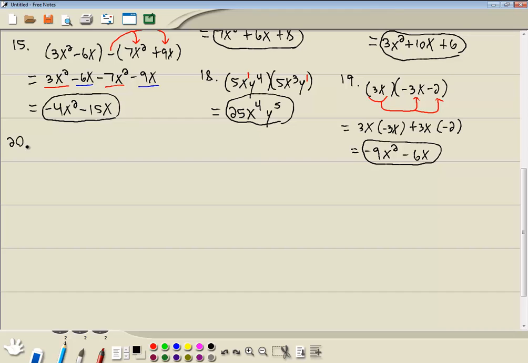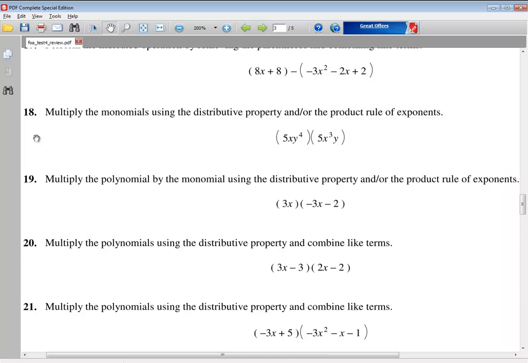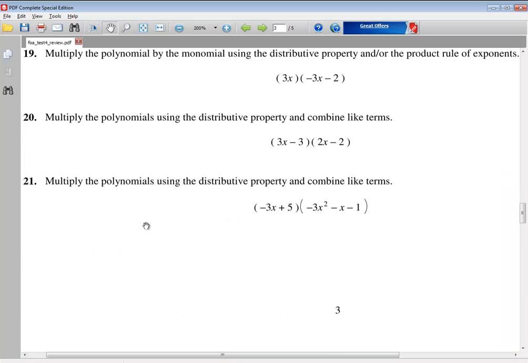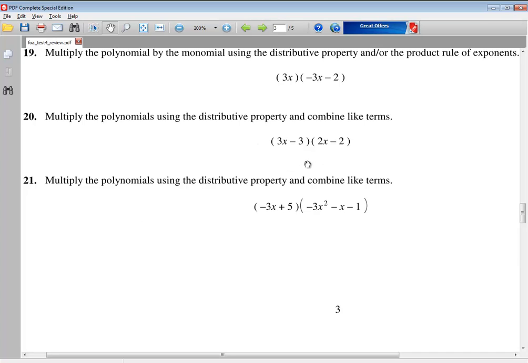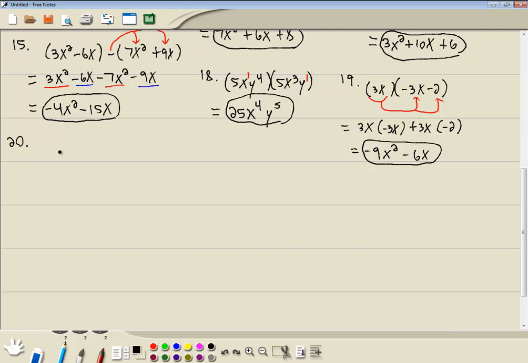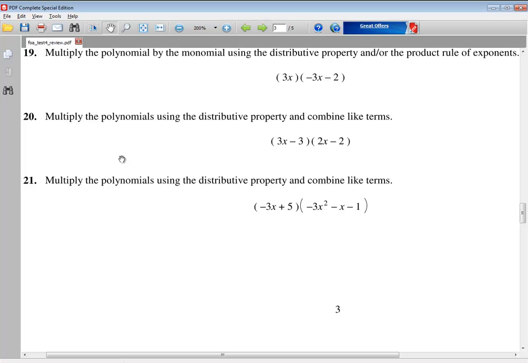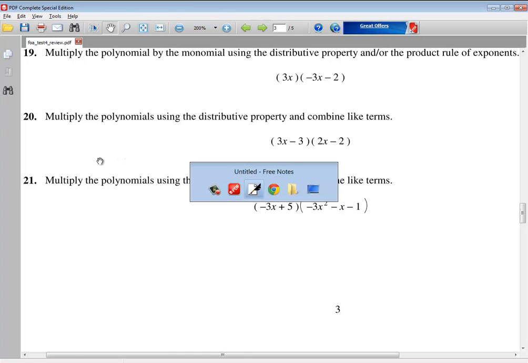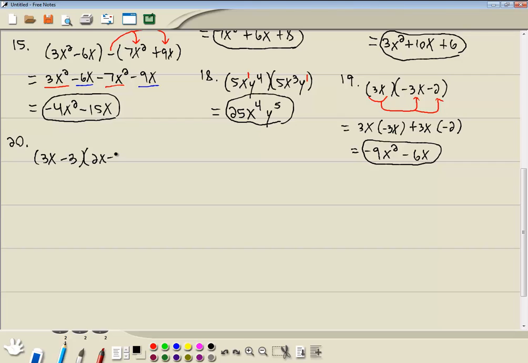Okay, number 20. We multiply these two together. So we got 3x minus 3 times 2x minus 2. Now I'd like to use my line method on this.